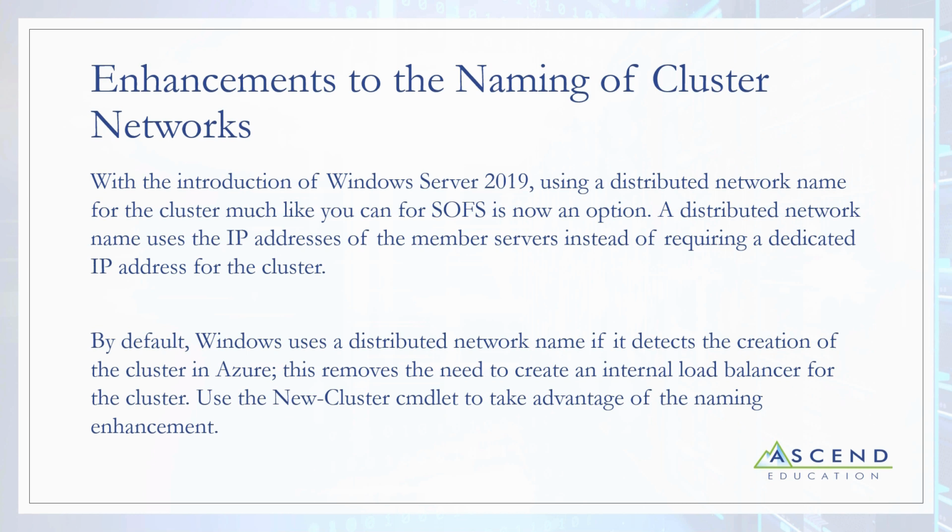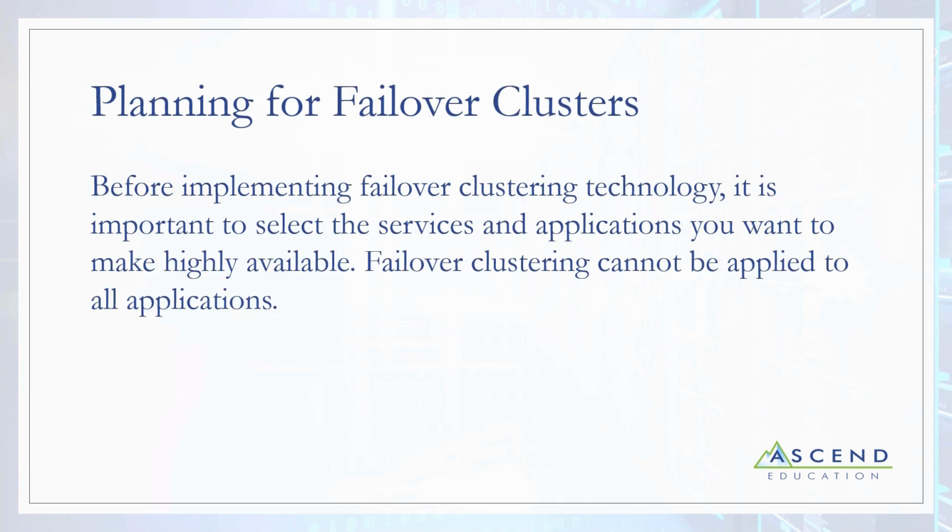In the previous version, sometimes the cluster IP address would become unreachable for some reason, due to some technical issue. But now, since the cluster name is tied to all the different servers' actual IP addresses, that issue goes completely away.